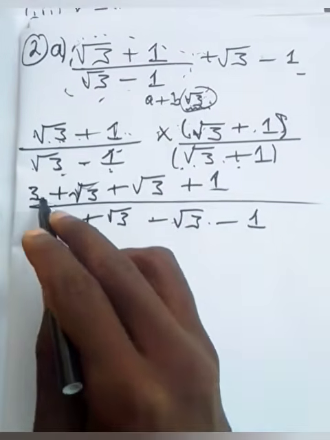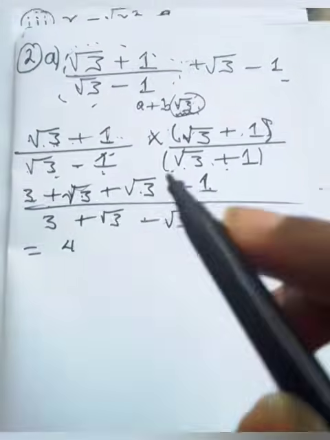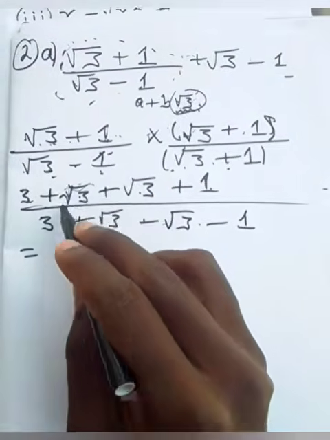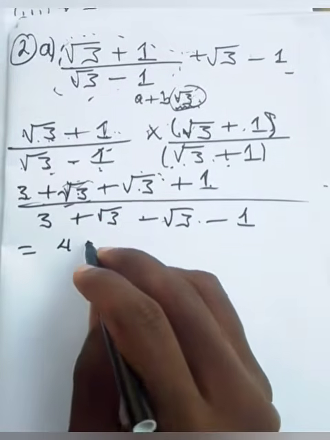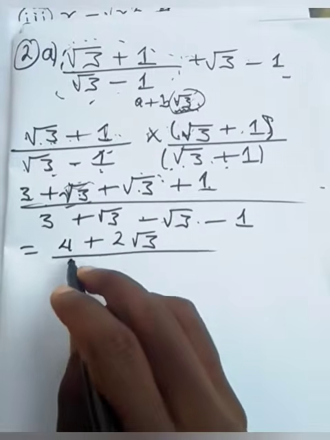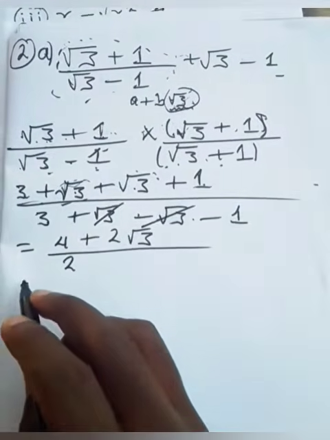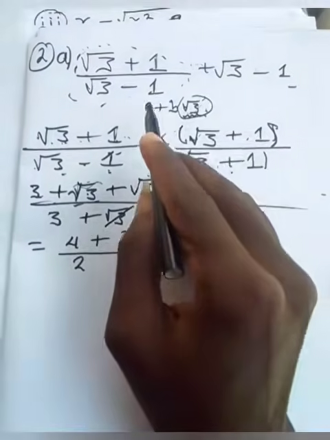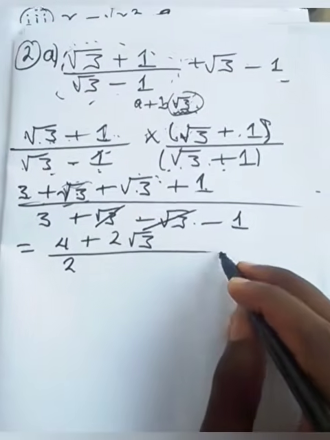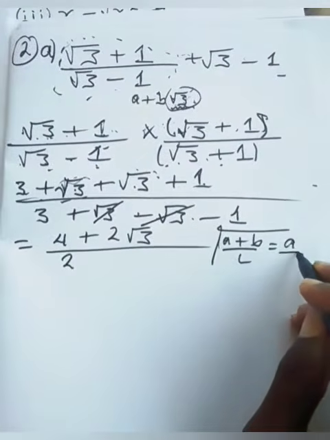So 3 plus 1 is going to be 4, right? This plus this, remember the addition of radicals. If these are the same, they can be added. So this is going to be plus 2 square root of 3 over 3 minus 1, that is 2. These are going to be cancelled. Now remember, we need to leave it in this format. And remember the concept I showed you, that whenever you have a plus b over c, you can write it as a over c plus b over c.